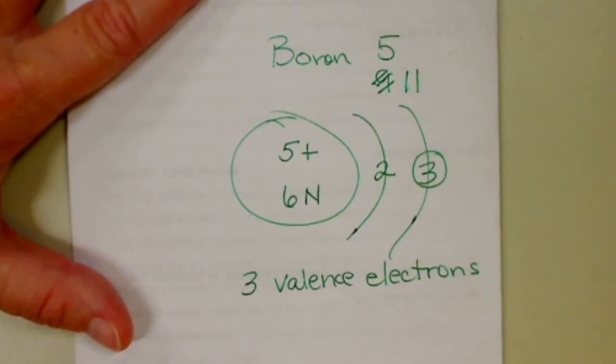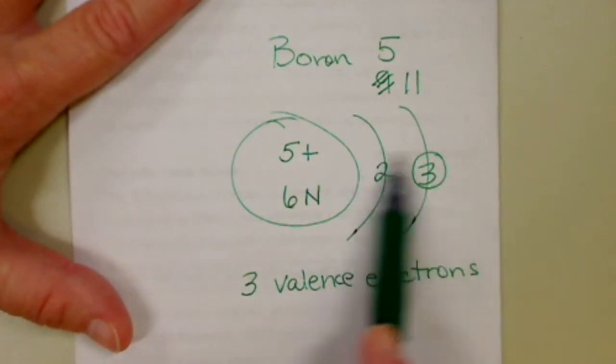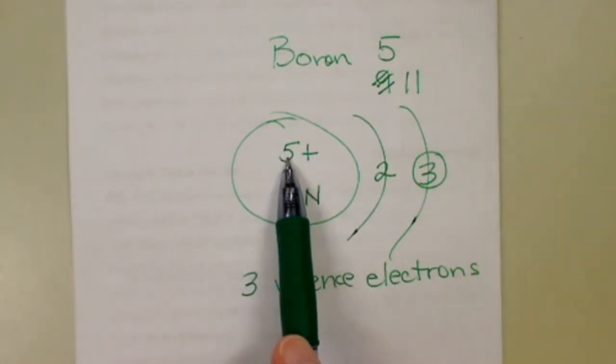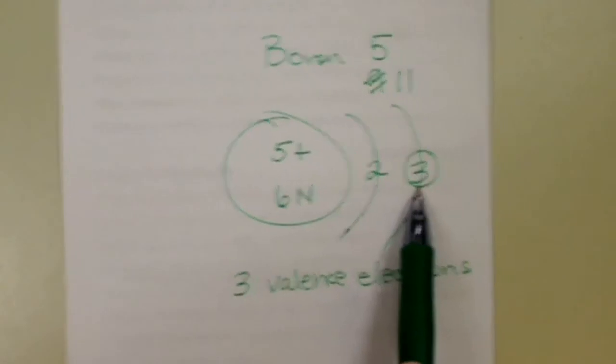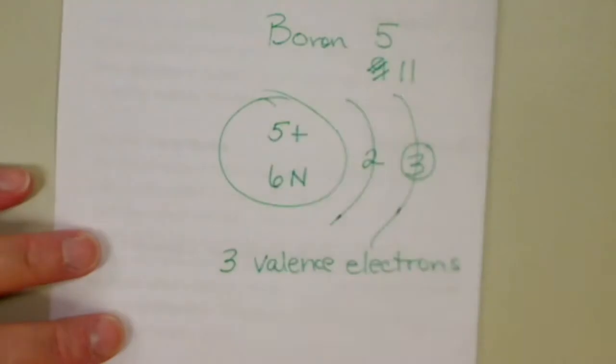When we get a little bit further into chemistry, we're going to learn that the total number of electrons will not always match the total number of protons. But for now, you need to know that the valence electrons are those in the outermost level.